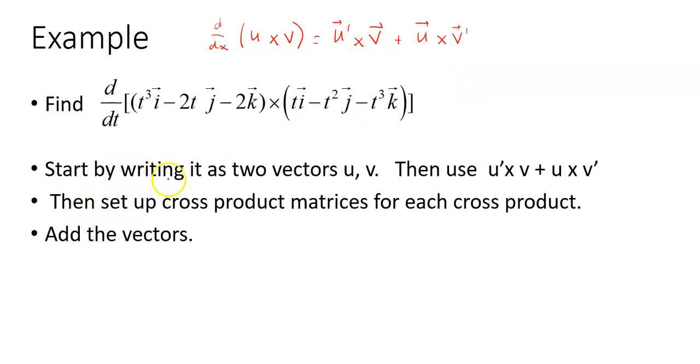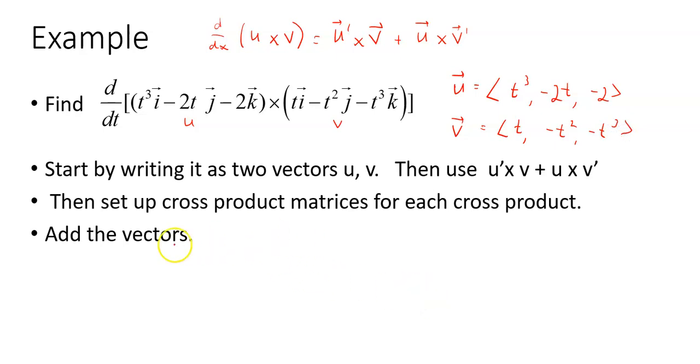So my first thought was, let's write this as two vectors, because I don't like the i's and the j's sometimes. They kind of get in the way. So vector u is going to be t cubed, negative 2t, negative 2. All right, so I've got my i, my j, my k. My vector v is going to be t, negative t squared, negative t cubed.